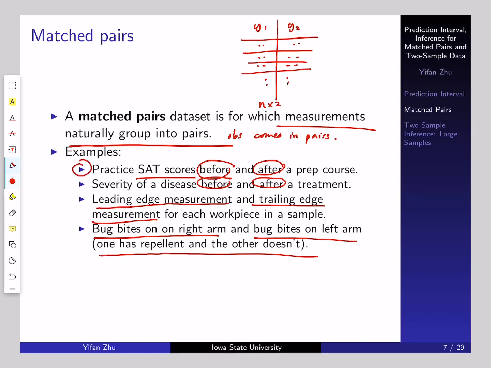So, for example, the set scores example. The population is all the students. And we got a sample of n students.